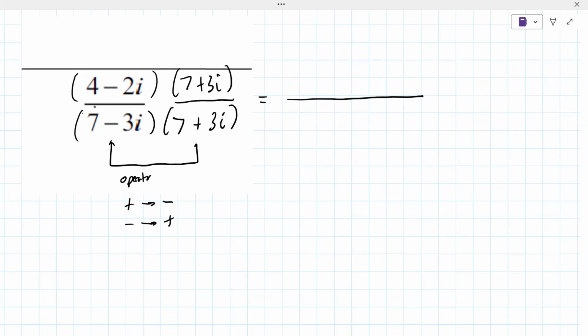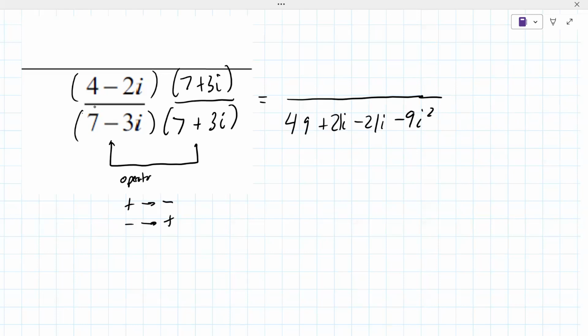Why don't you FOIL the top? The bottom always, always, always turns into a number. Why don't you FOIL the top for us, please? Maybe you didn't hear me.